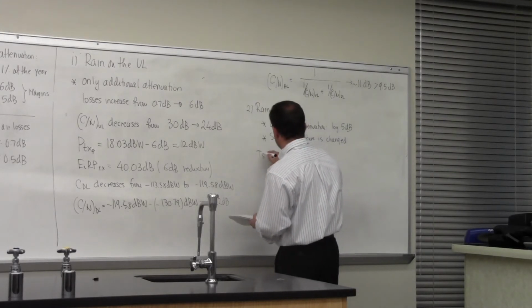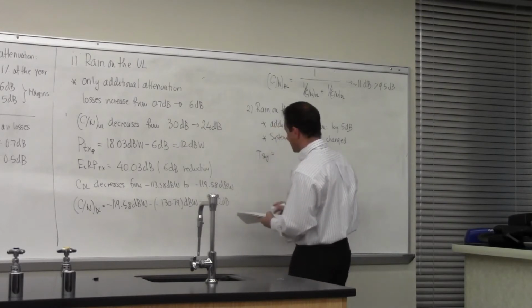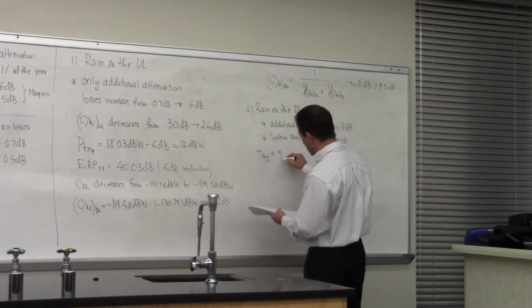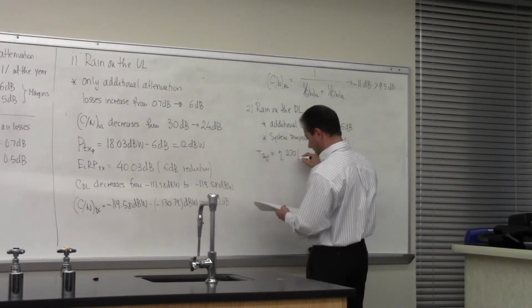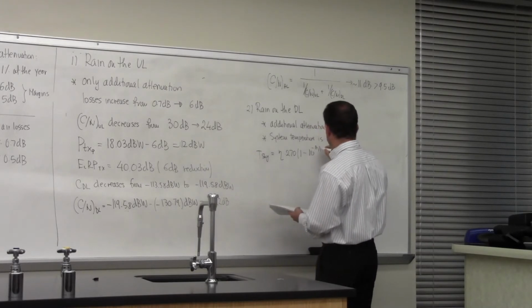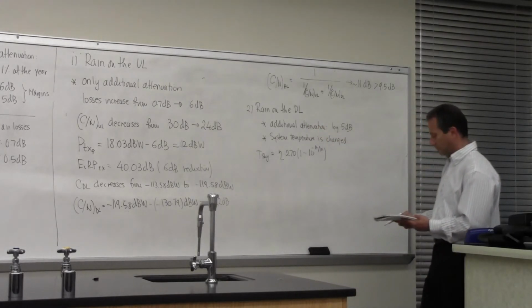The sky temperature at the front end will not change, but the sky temperature will change to be 270 times 1 minus 10 to the minus 8 over 10. Right? That's the equation that we mentioned the last time.